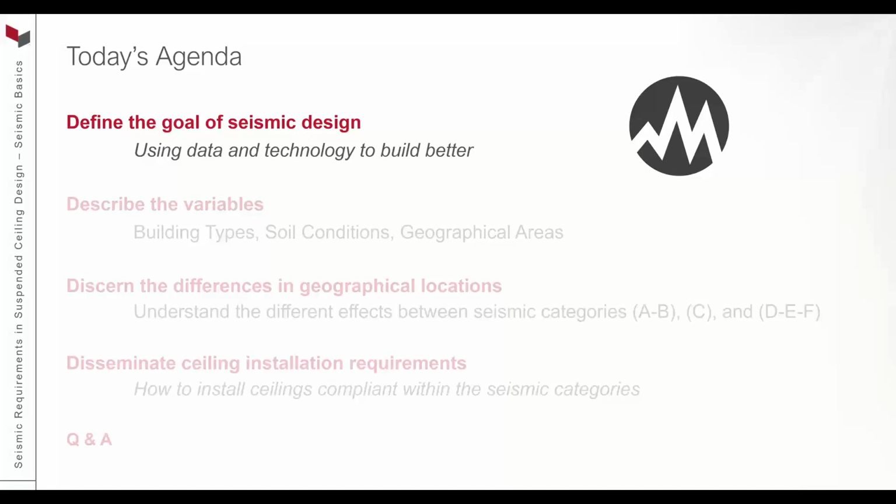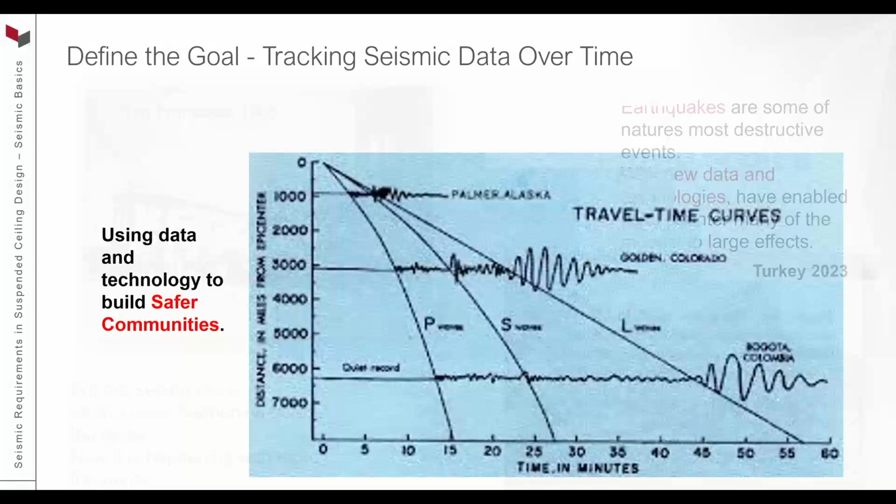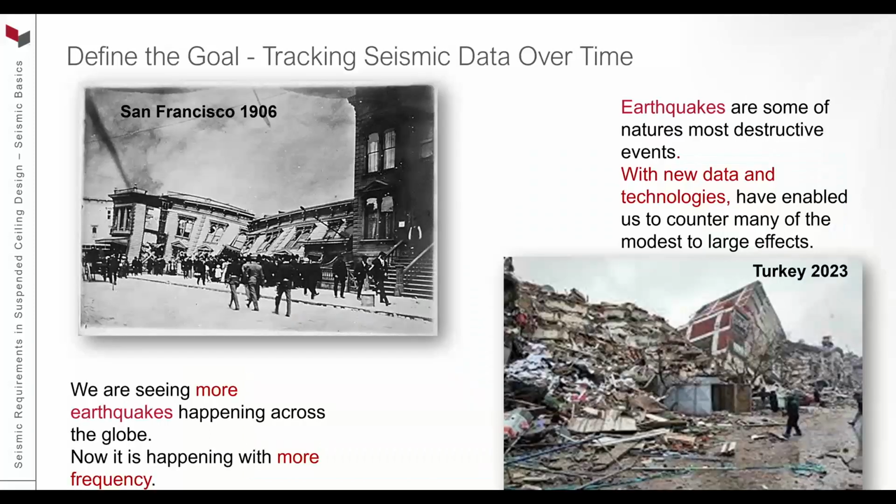Okay, so back to where we're at. We're going to define the goal of seismic design, using it to design better, to build better. This is where we want to look to see where we build safer communities. And so here's where we're going to start tracking our data. We look back, and something that sticks out in our mind is the 1906 San Francisco earthquake.